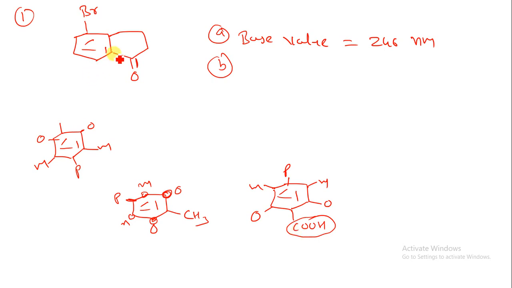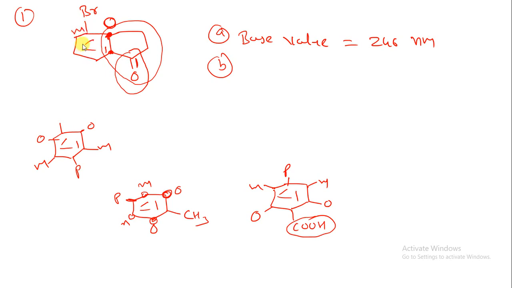Here I am having a C double bond O, that is my base value and this is my system. For this, here I am having an ortho position, the ortho ring residue. This is my total system. So here the Br group, this is my ortho position, and this will be my meta position.